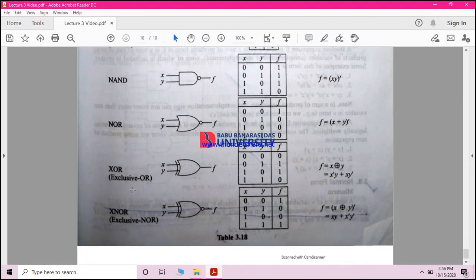The XOR gate is the exclusive OR gate. In this case, when both the inputs are 0, you will get a 0. When both the inputs are 1, you will get a 0. When either of the inputs is 1 or 0, then only you will get a 1. The XNOR gate is the XOR complement. So simply this truth table is complemented, and this is called the XNOR gate.